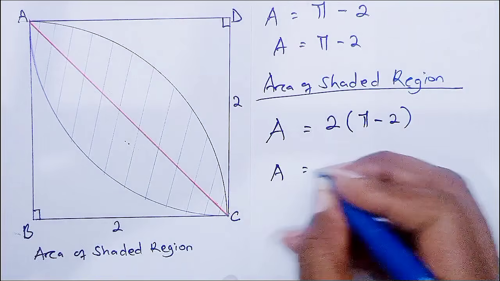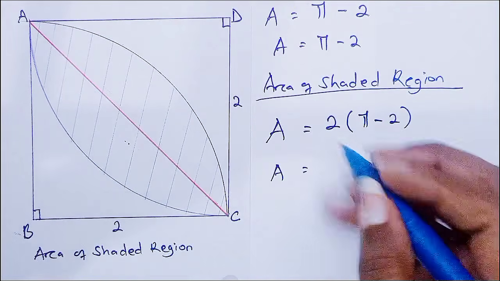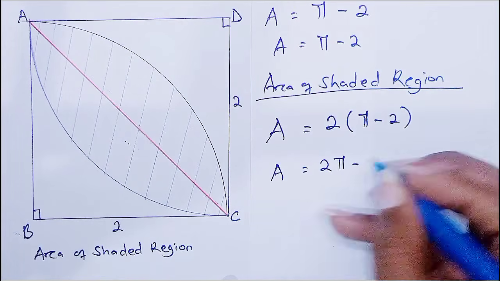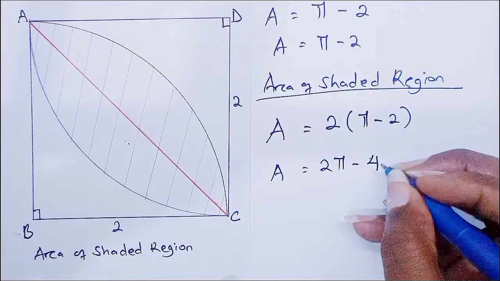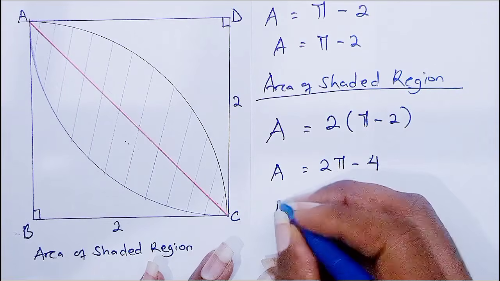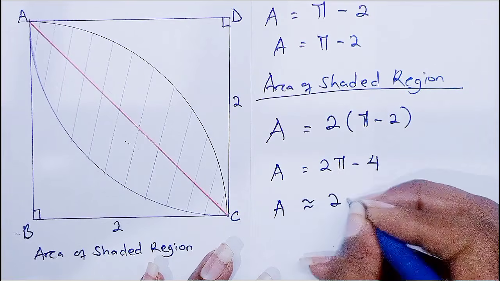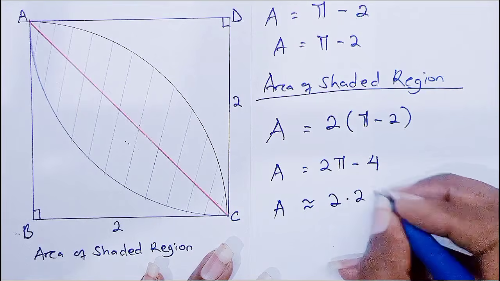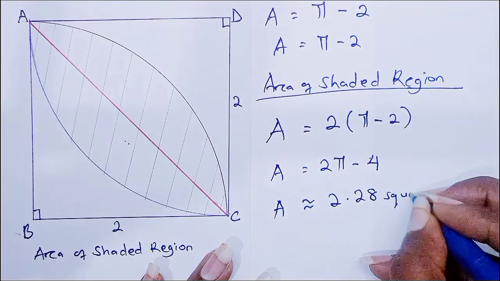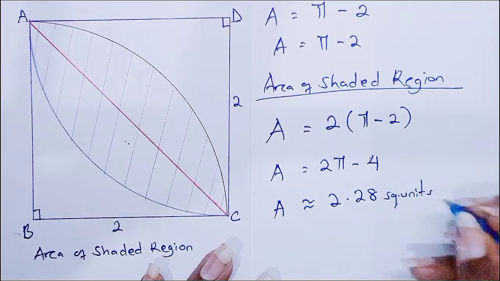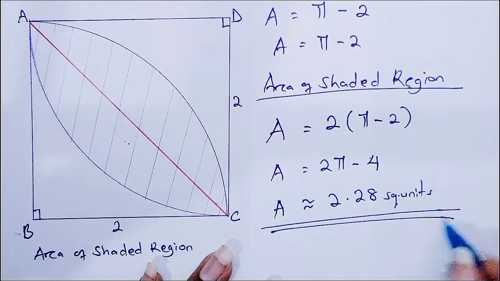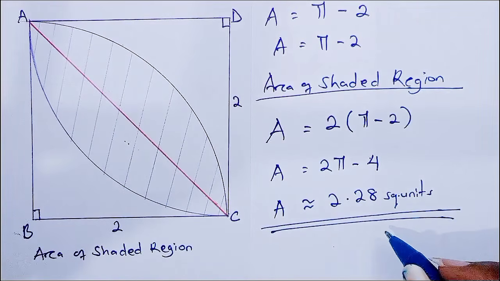So area is equal to 2 times this. 2 times pi is 2 pi minus 2 times 2 is 4, which is approximately equal to 2.28 square units. So this is the area of the shaded region.